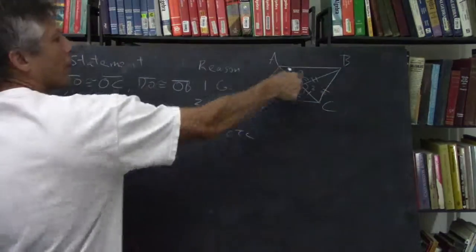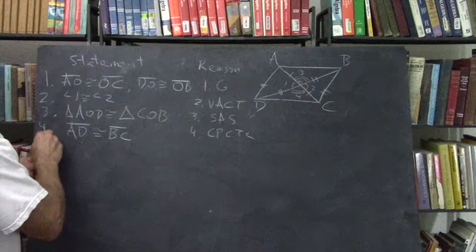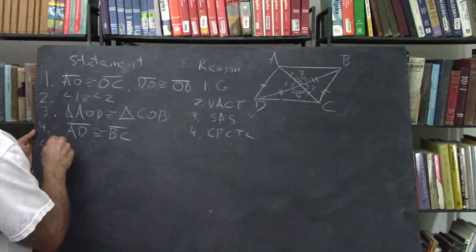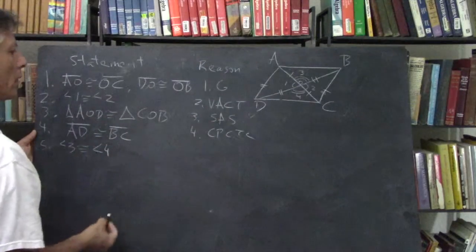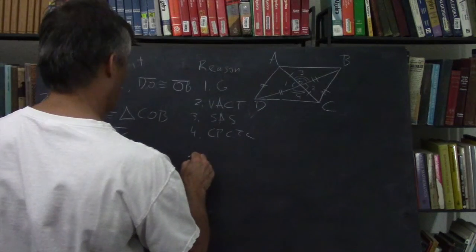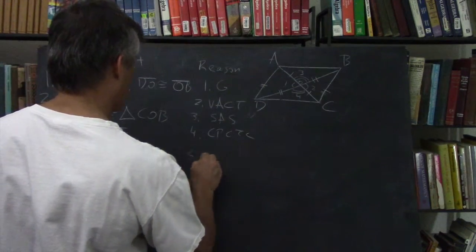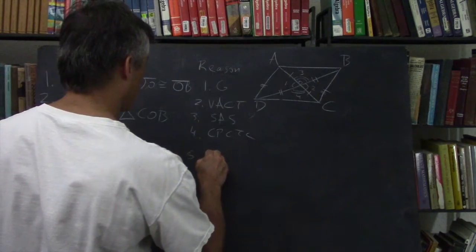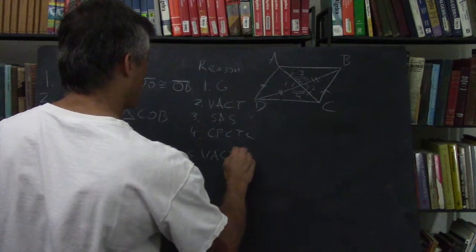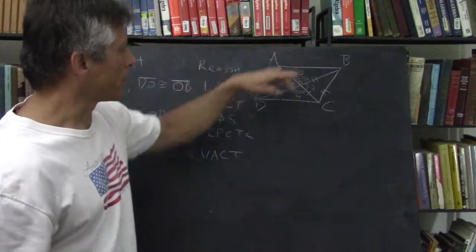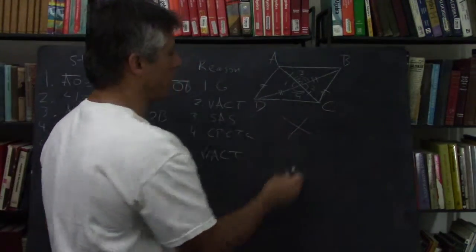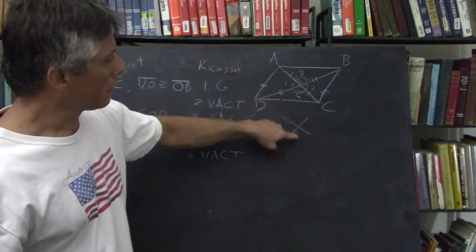And then we can look at the top and bottom triangles, and so angle 3 is congruent to angle 4 by the vertical angle congruence theorem again, because these are opposite angles. You see we got two lines, and these angles are congruent.